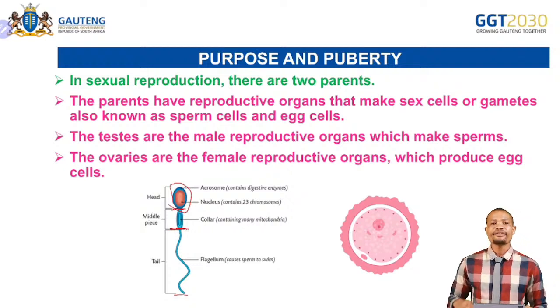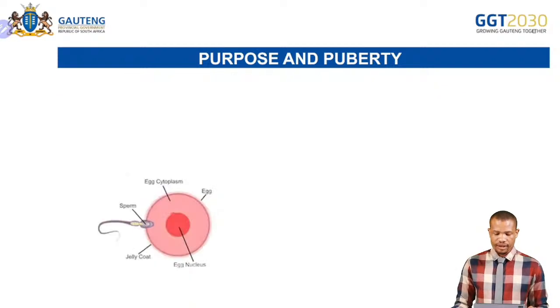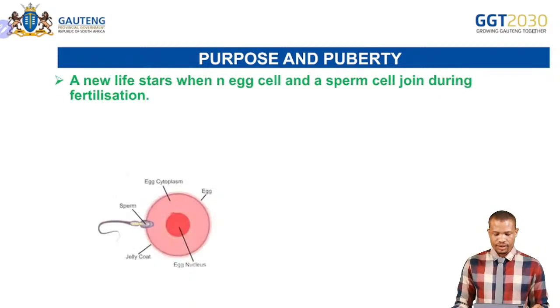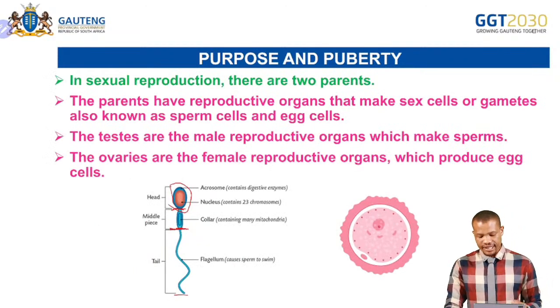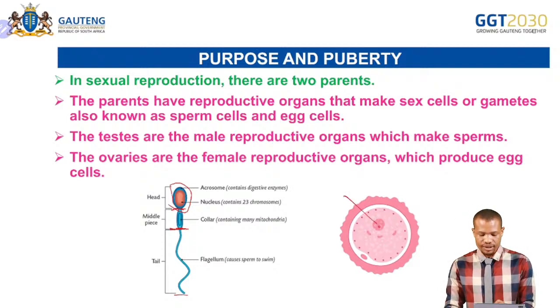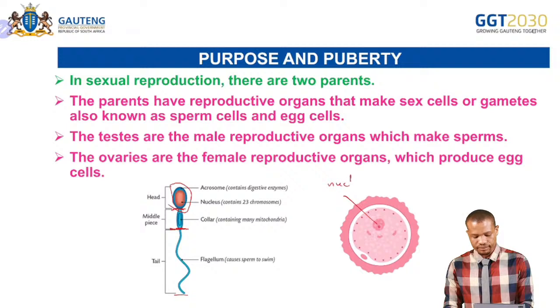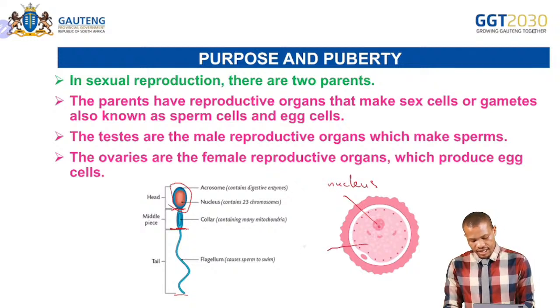Right, then we have an egg cell. So this is the egg cell, and this is the nucleus of the egg cell. And this is the cytoplasm.